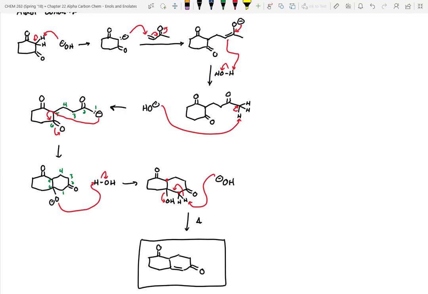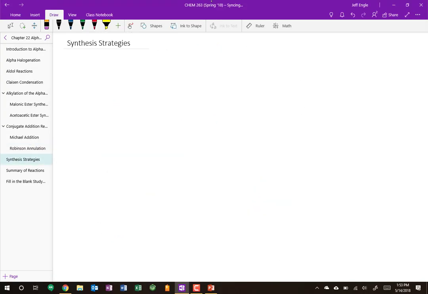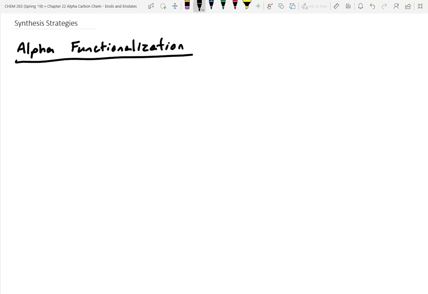All right, so that's really it for this chapter, but I like to kind of break things down into small synthesis strategies. So let's do a bit of review. And the first one I like to do is alpha functionalization. And we started out with halogenation.